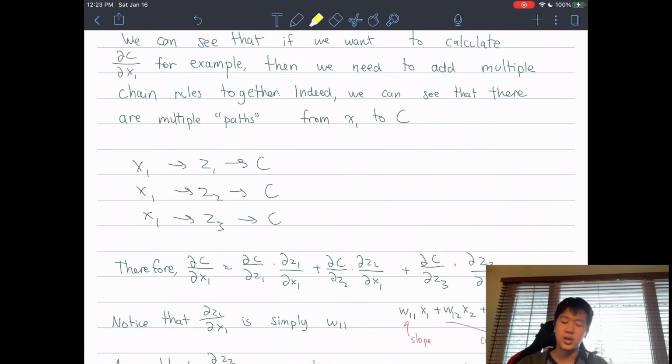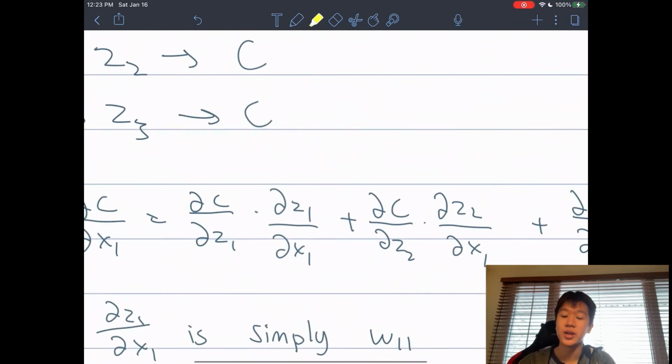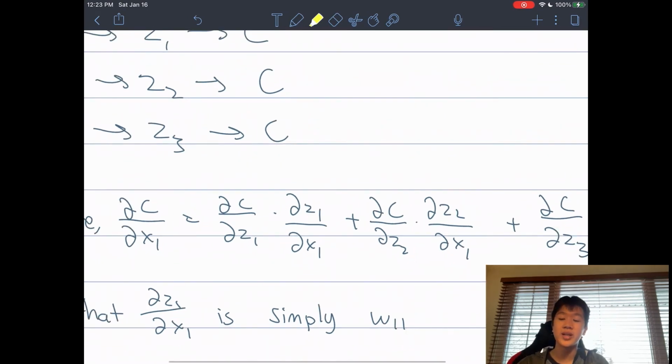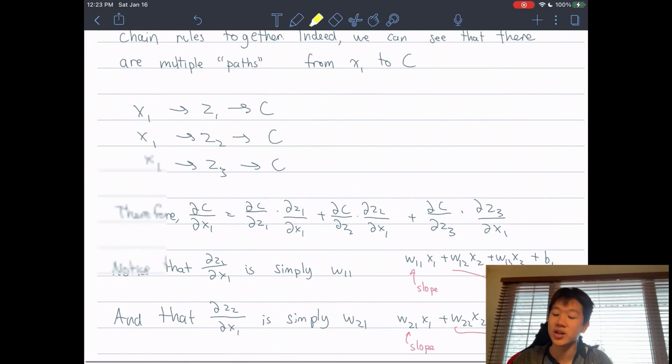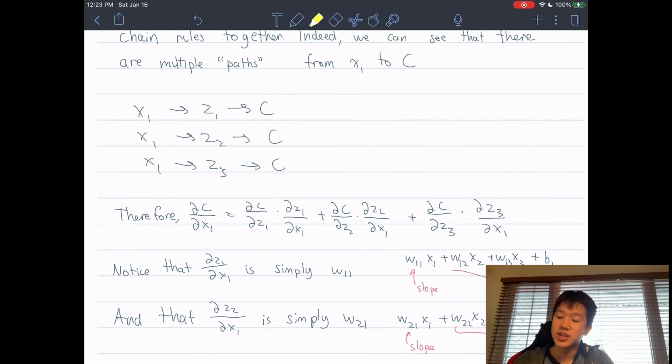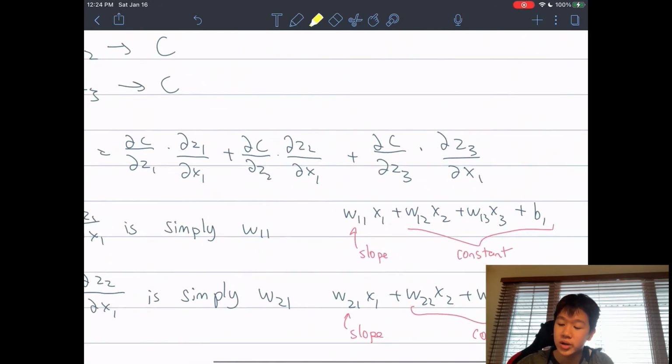Therefore, del c over del x1 is equal to del c over del z1 times del z1 over del x1 plus del c over del z2 times del z2 over del x1 plus del c over del z3 times del z3 over del x1. And notice that del z1 over del x1 is simply w11. Why?